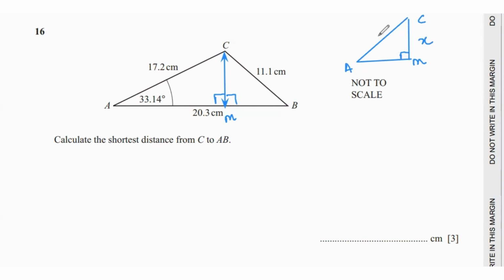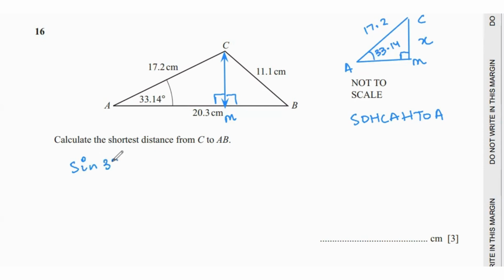This is our X. So we have this as 17.2. We have this as 33.14. So using SOHCAHTOA, we can see that we have the hypotenuse, we have the angle, and we need to find the opposite. So sine.